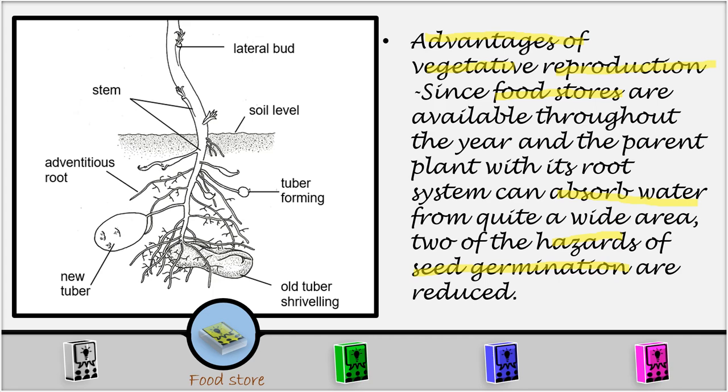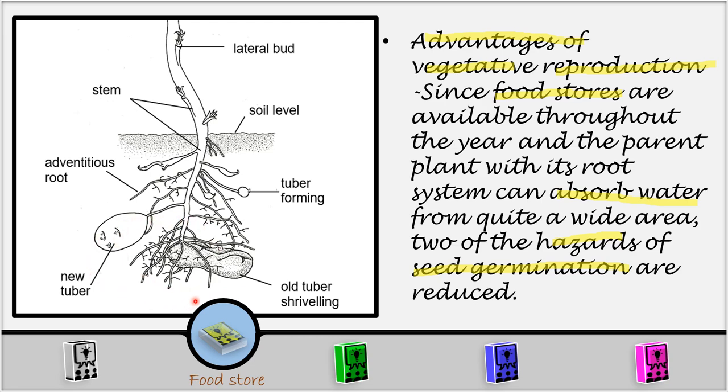Now, here we see one of the hazards of seed germination. There is need of water being absorbed from the area around. But here we have the parent. The parent plant can use its roots to absorb water from a wider range of areas, not only depending on that small area.